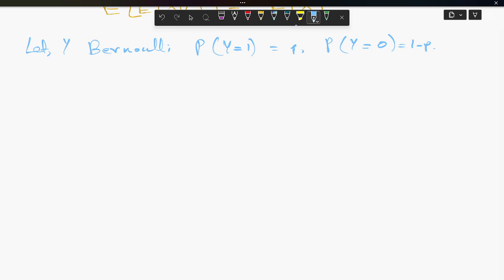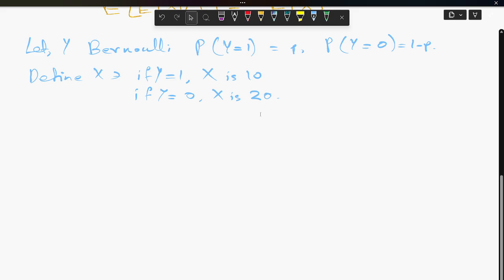Now define X such that if Y equals 1, then X is 10, and if Y is 0, then X is 20.